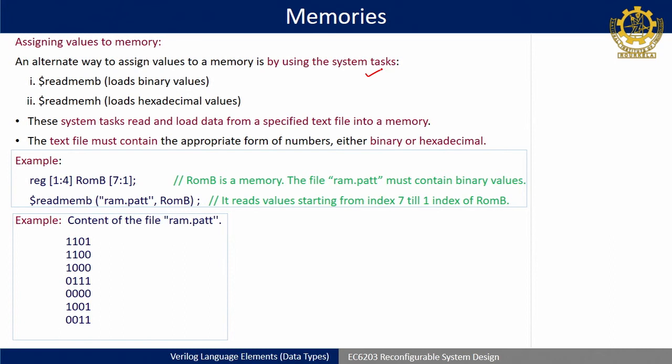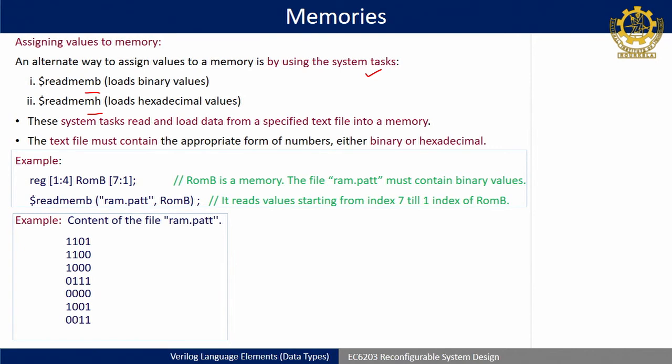There are 2 system tasks basically, one is called $readmemb and the other $readmemh. They load binary values and hexadecimal values respectively.